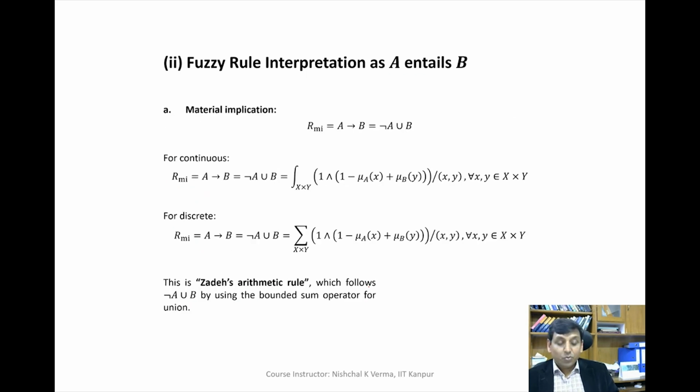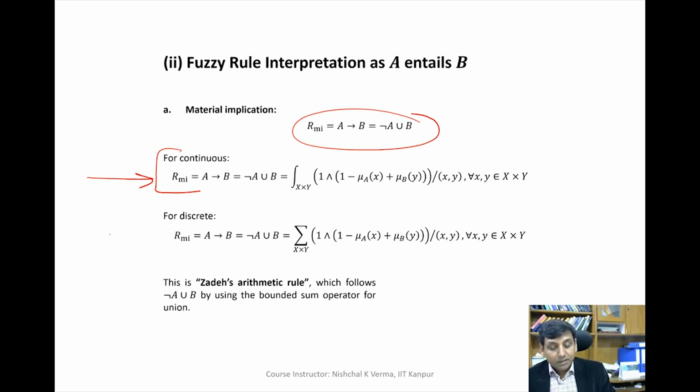So let us go one by one and see what is the material implication. So material implication is defined, as I have already mentioned, by R_MI, which is equal to A entails B is equal to the negation of A union B. So if we have a continuous fuzzy set, the R_MI will be like this.